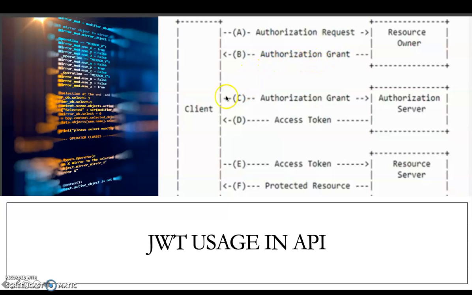Then the client requests the access token from the authorization server by authenticating itself by showing the authorization grant.